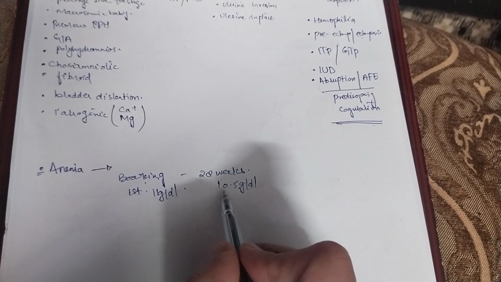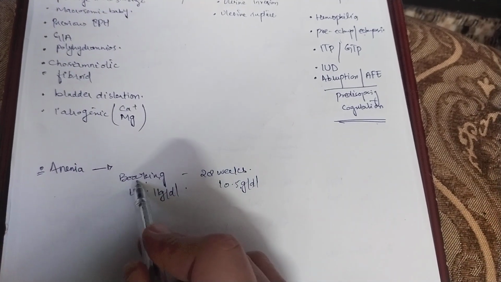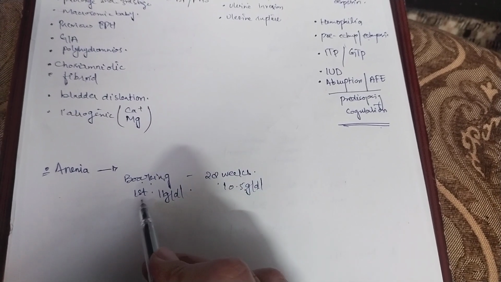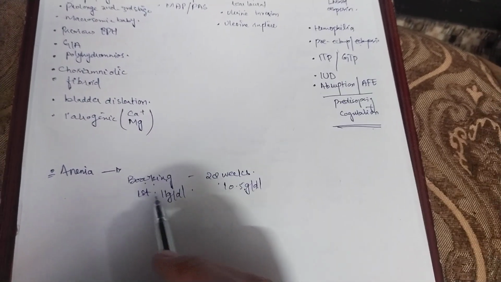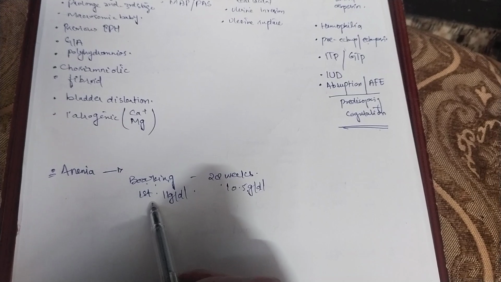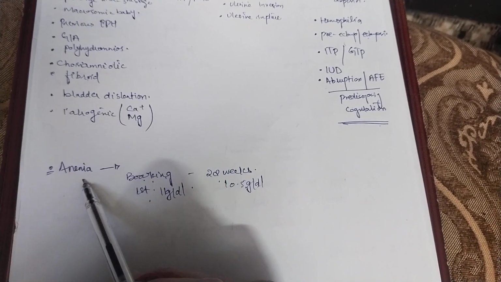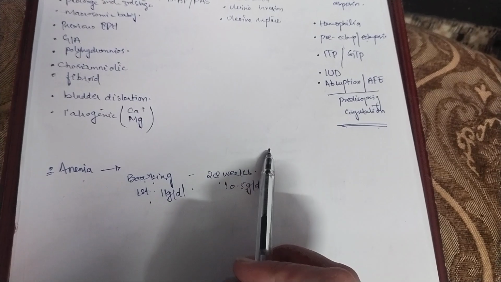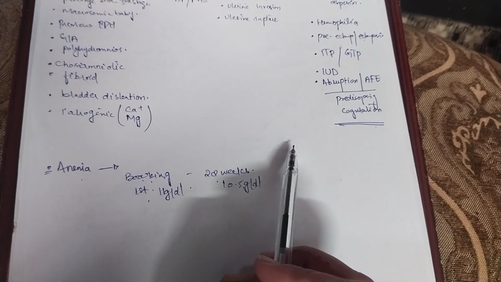Okay, so when a patient comes for her booking appointment or the appointment at 28 weeks and her HB levels are below the reference ranges, we should be alerted that this patient is a patient of anemia, and we should correct her anemia before her delivery so the risk of PPH can be minimized.